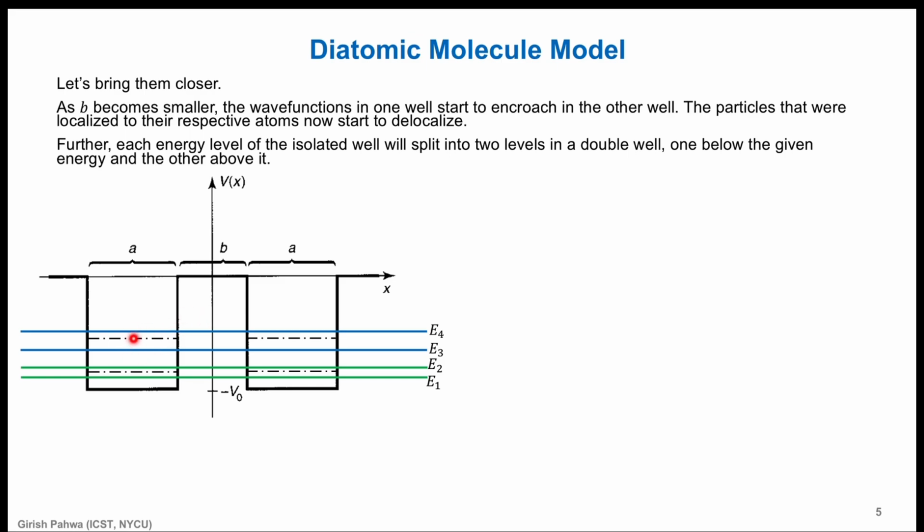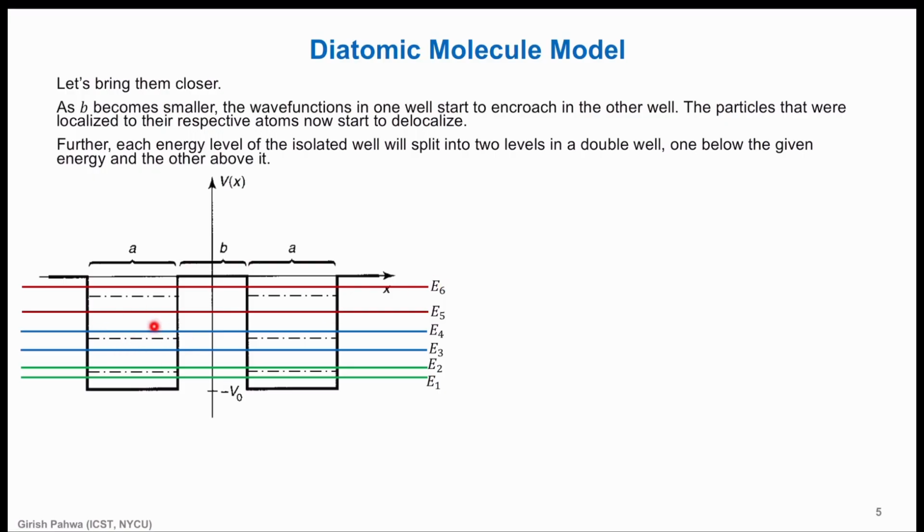So because these levels are interacting more, there is larger splitting. Similarly, these levels interact even more. So there is even larger splitting. E5 and E6.